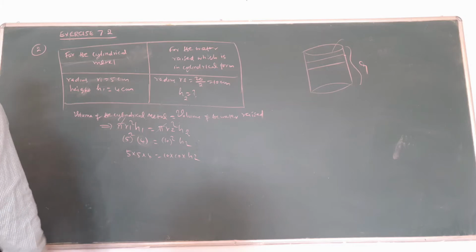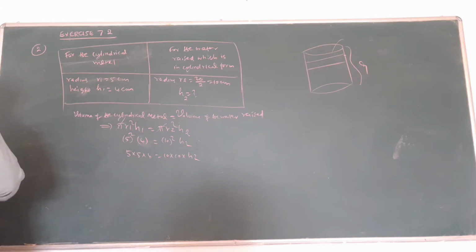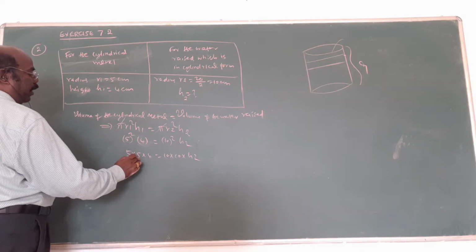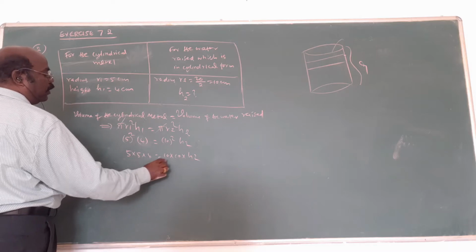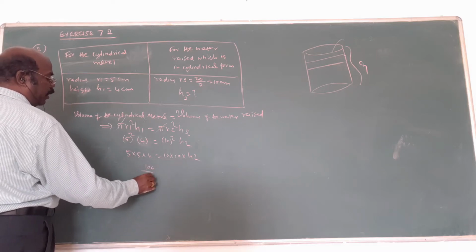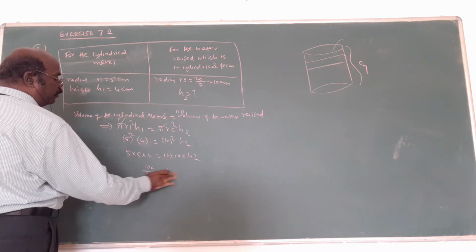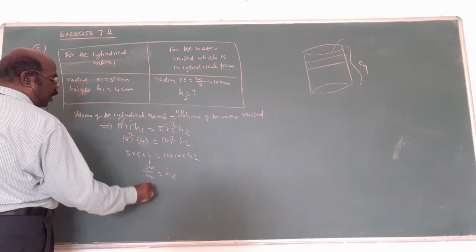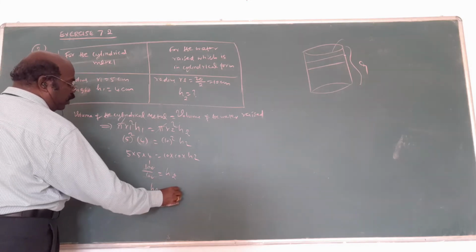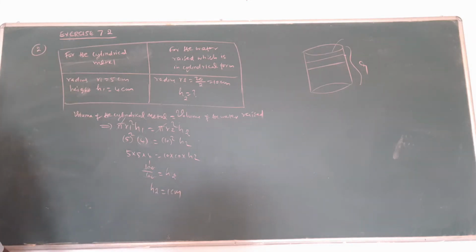Now cross multiply. 5 times 5 times 4 is 100, and 10 times 10 is 100, equal to H2. So H2 is equal to 1 centimeter. The level of water is rising by 1 centimeter.